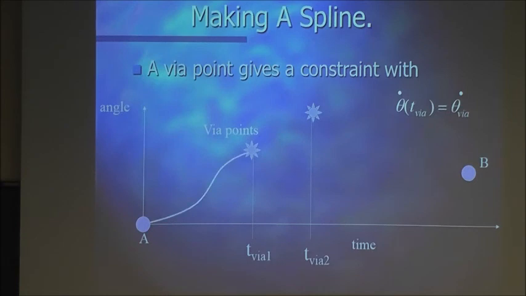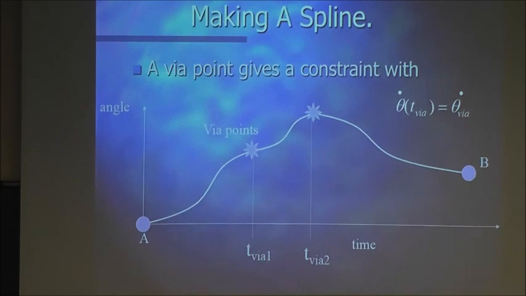So going from A to a waypoint, then you go to the next waypoint. From there, you go to the final destination. So you have this long trajectory divided into 4 pieces, and you have to find the polynomial coefficients for each piece of that.